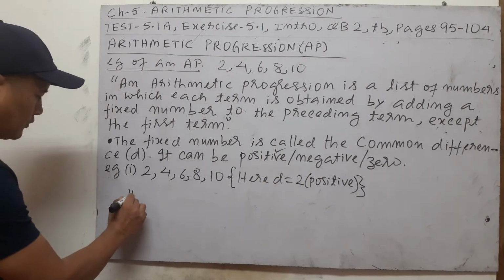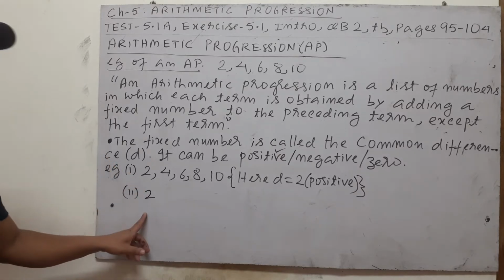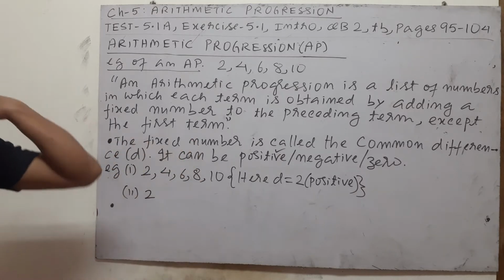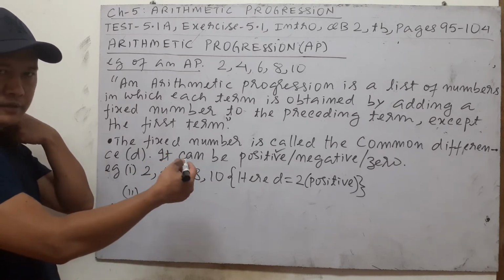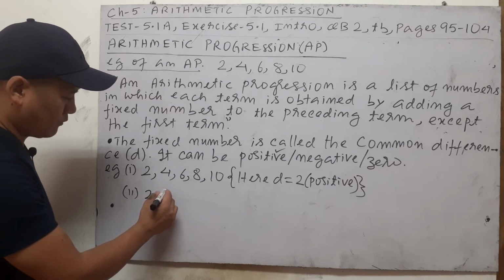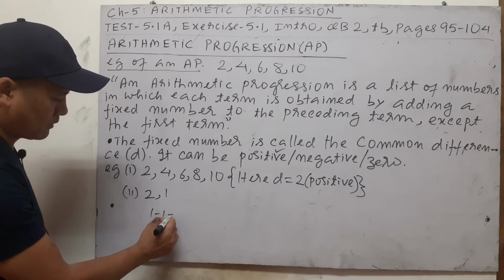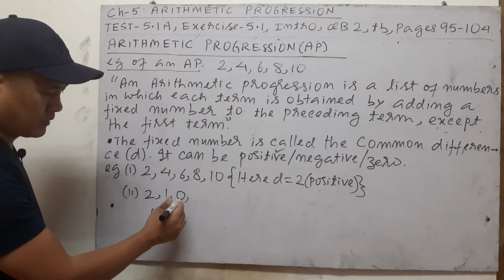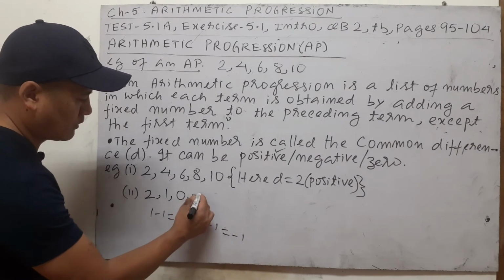Then example number 2: it can be negative also. So let's just go the reverse. The first term is the same. Now let us say the common difference is minus 1. It should not change, it should be minus 1 throughout. So 2 minus 1, 1. 1 minus 1, 0. Then 0 minus 1, minus 1.